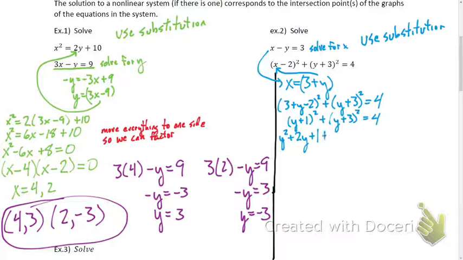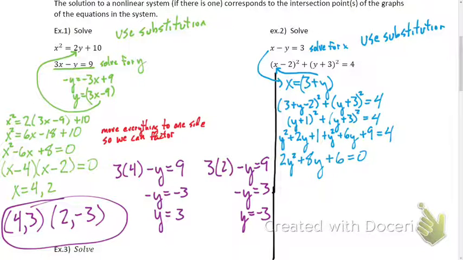Square the first, multiply the numbers, and double it. And square the second. We have 2y squared plus 8y. We have 1 plus 9, but we need to subtract the 4, so we end up with 6.